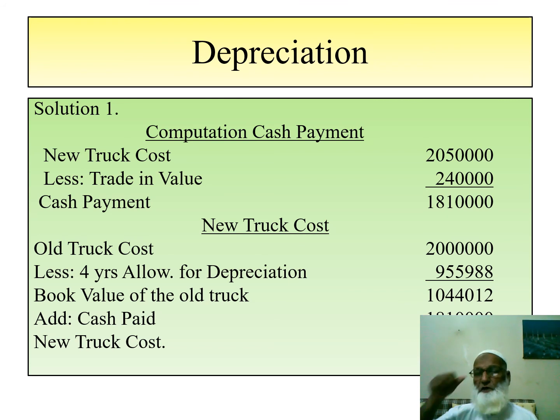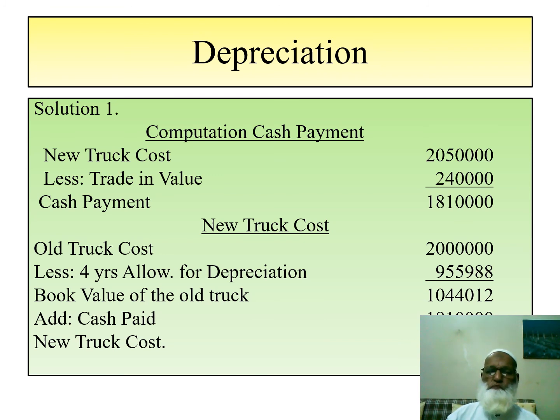This is the total depreciation for the old truck, and when it is deducted from the cost of the truck, we get a value of 1,044,012. And we have paid cash, which is added, and the new truck cost is calculated easily.